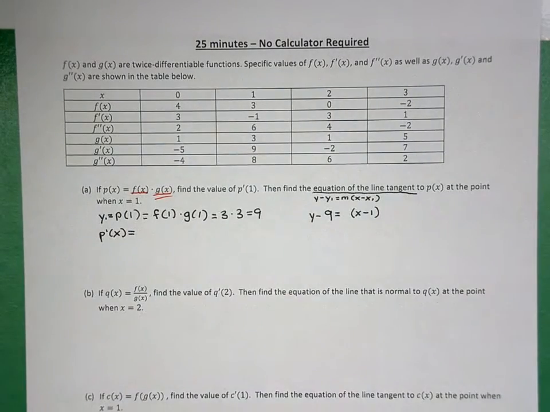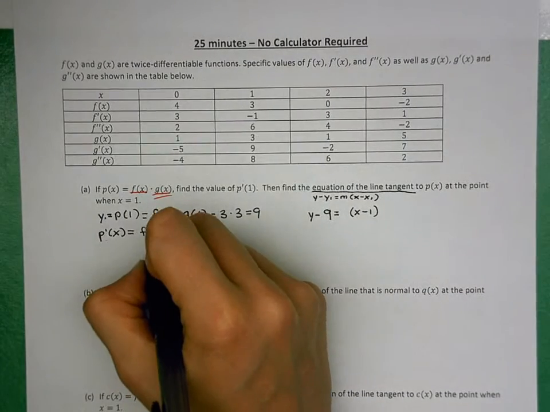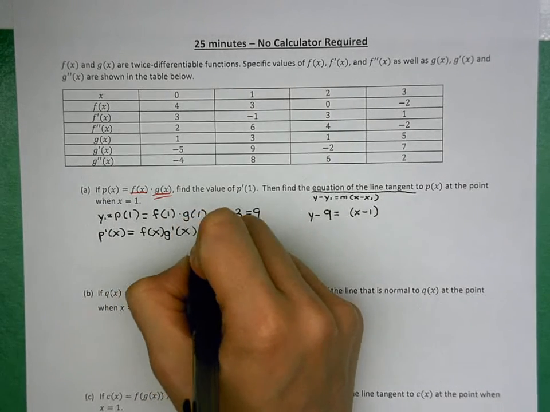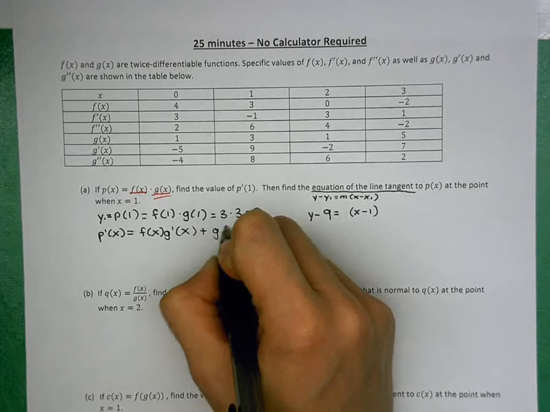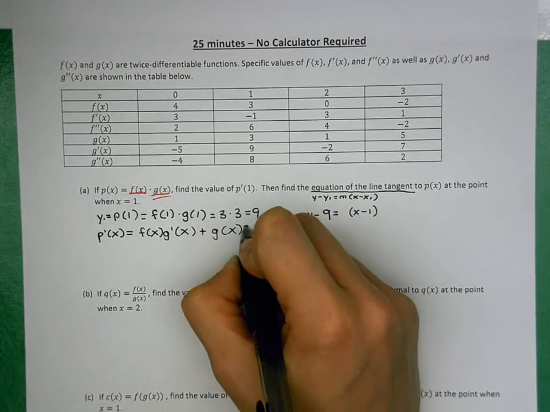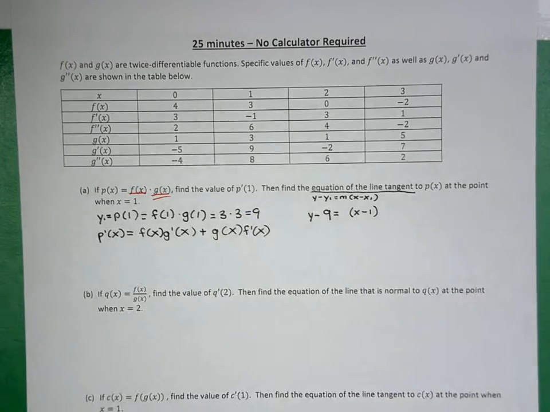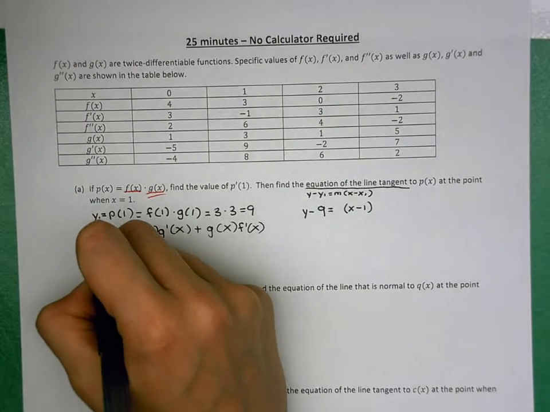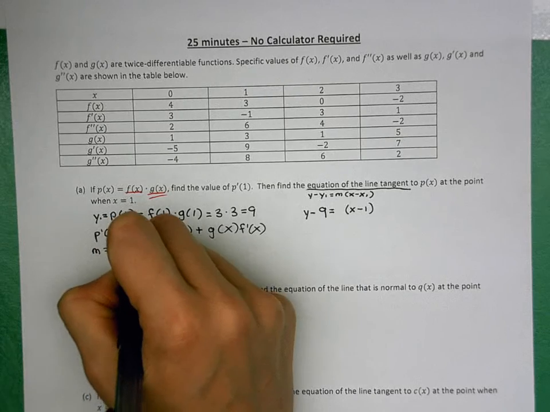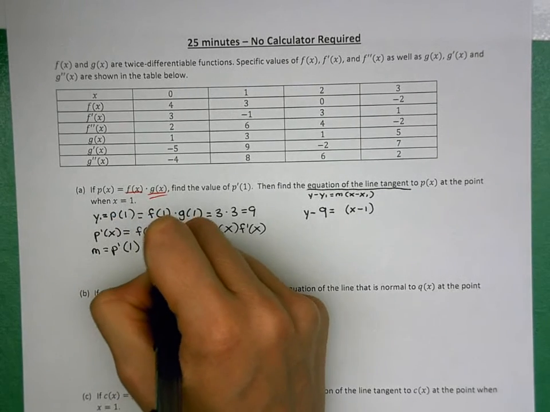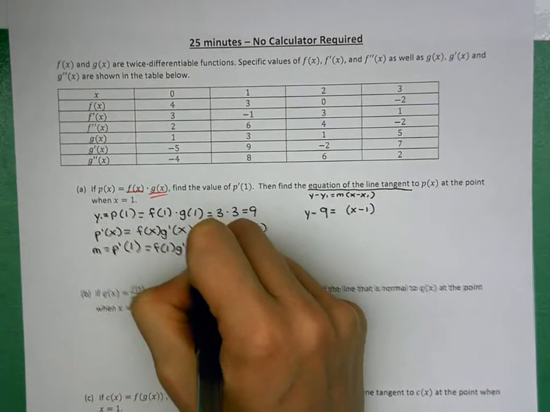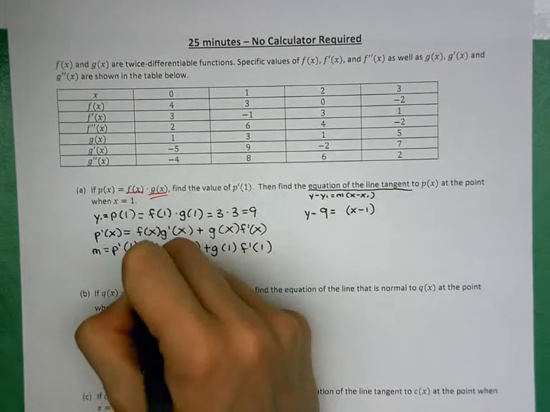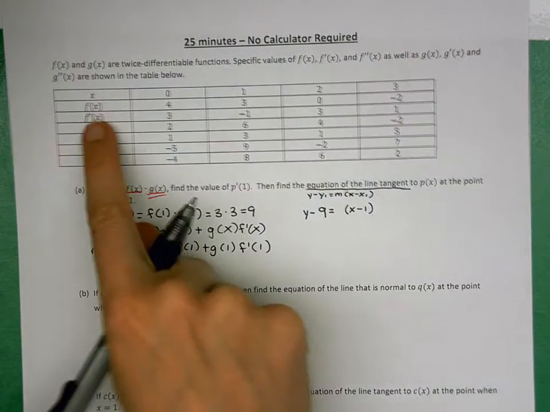So we've got the 1st, f of x, d2, g prime of x, plus the 2nd, g of x, d1, f prime of x. And so then to find my slope, I am plugging in my x equals 1 here. So we have f of 1, g prime of 1, plus g of 1, f prime of 1. f of 1 is 3.